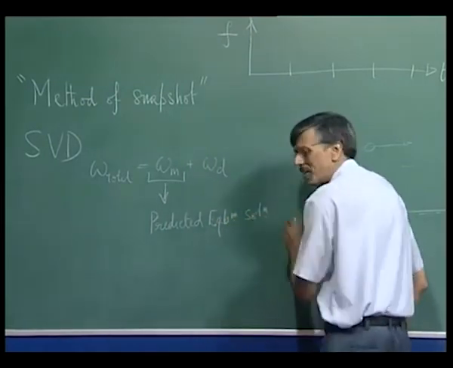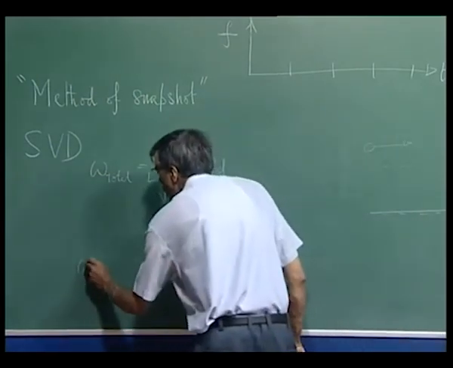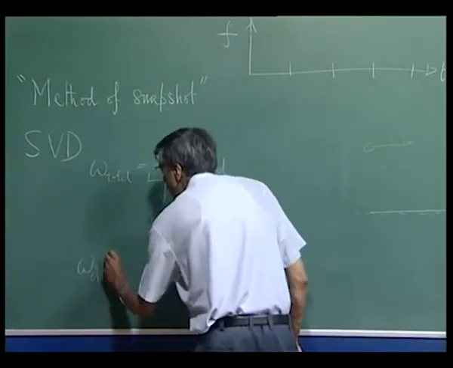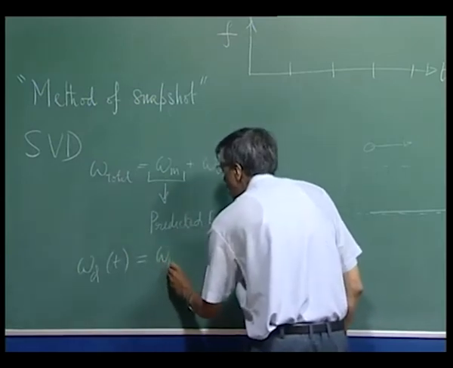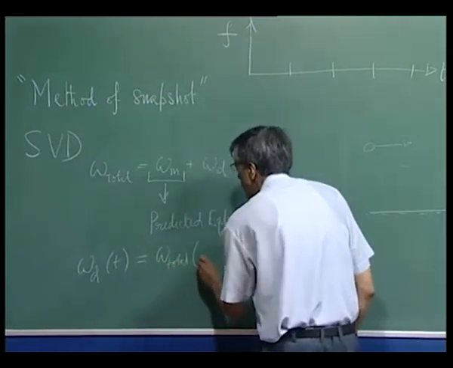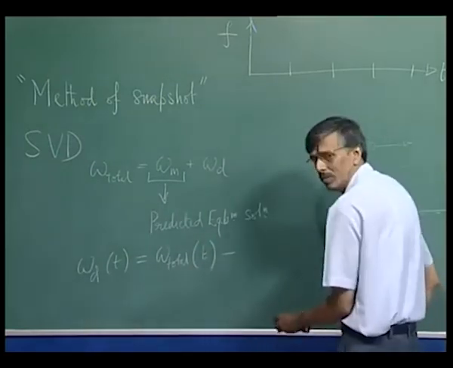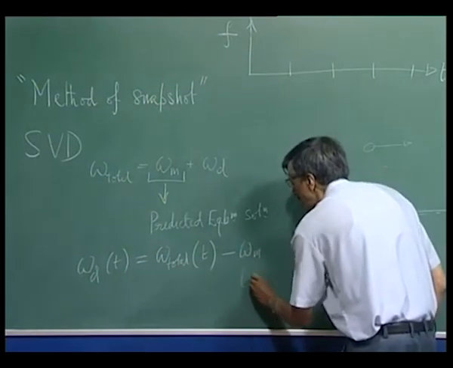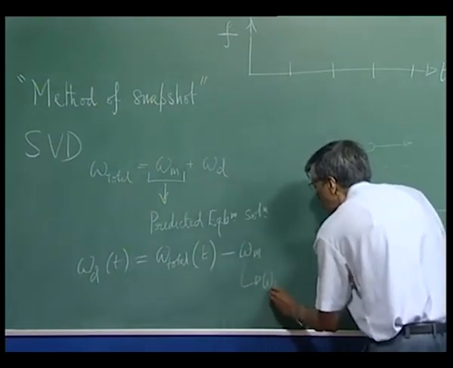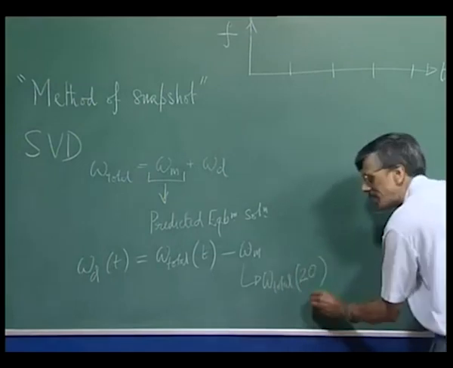So, if I have this, then it is rather easy. Omega d at any time, I could write as omega total at that time minus the equilibrium solution. And that equilibrium solution, as I was saying, could be the omega total itself at an earlier time, maybe at t equal to 20.